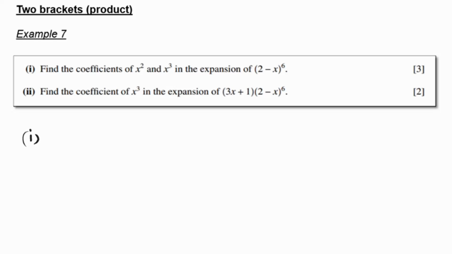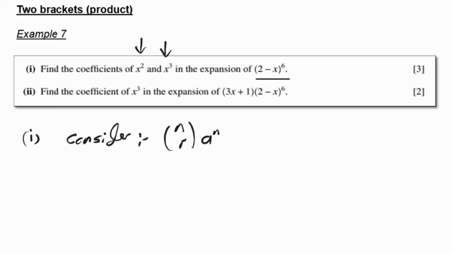When we consider the expansion of 2 minus x to the power 6, and here we want specific terms in the sequence, we can consider the general term of the binomial expansion, which is n choose r, a to the n minus r, b to the r.